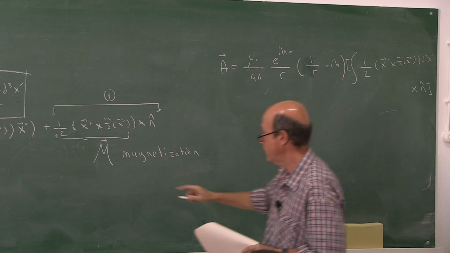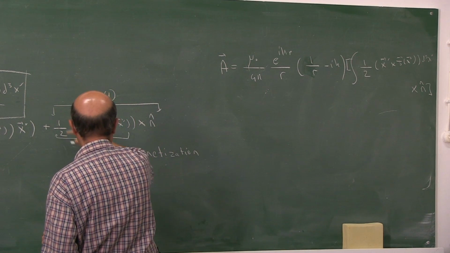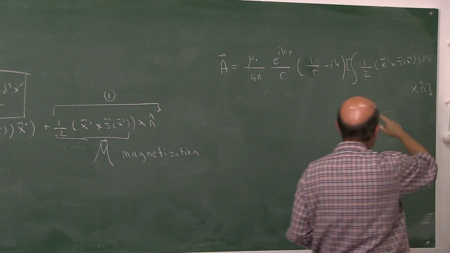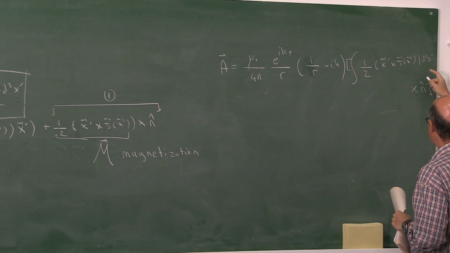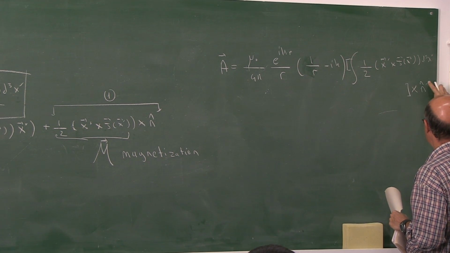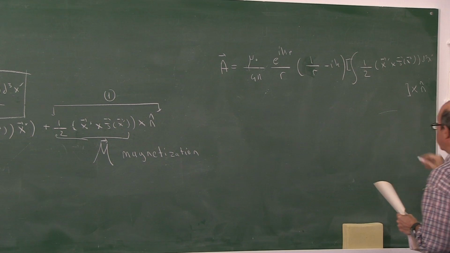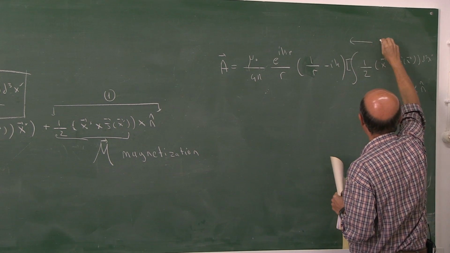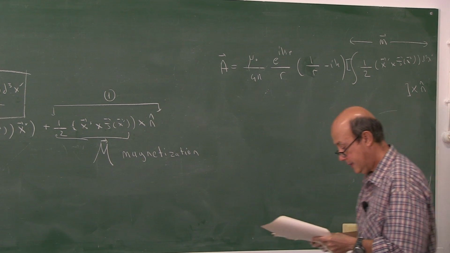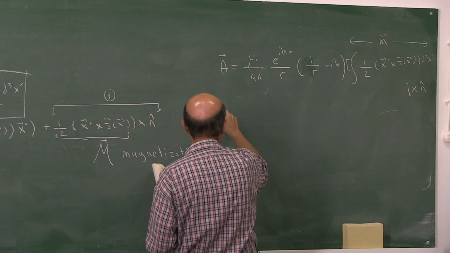So this is the first term of the first part of the integral, 1 over 2 x prime cross j. That term should be integrated, then cross product with n. Basically, this whole thing is the magnetic dipole moment, M. Then the vector potential could be written in the following form.